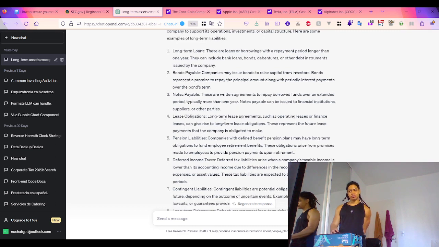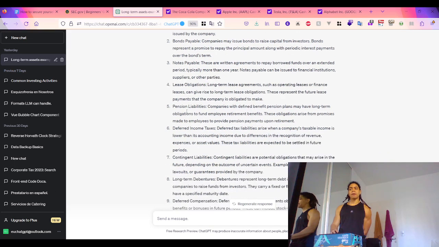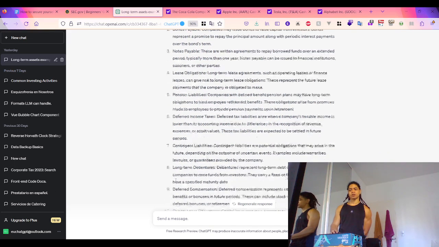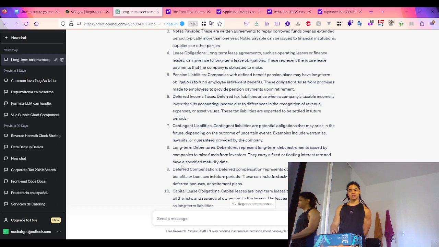Lease obligations: long-term lease agreements, such as operating leases or financing leases, can give rise to long-term lease obligations that represent the future lease payments that a company is obligated to make. Pension liability, deferred compensation.